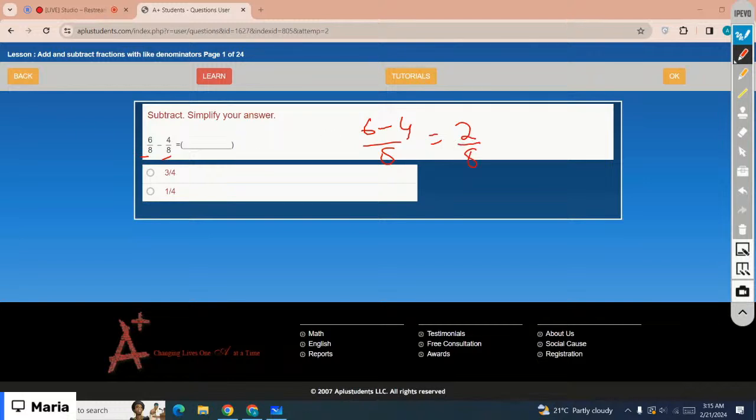You have to see if they have a common number that can divide both the numbers. Yes, you can. 2 and 8, they both are in the table of 2, so you can divide them by 2. Got it? So 2 divided by 2 is 1, and 8 divided by 2 is 4, since 2 times 4 is 8. So that is 1 over 4.